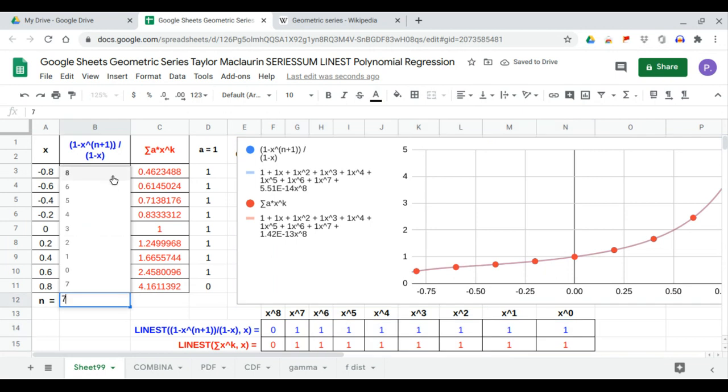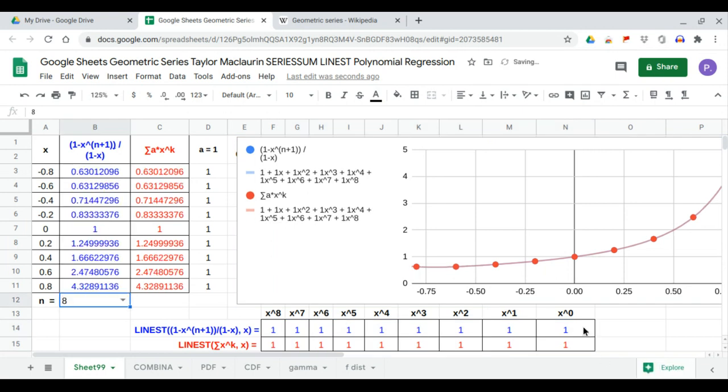And at n equals 8, the regression coefficients match the expansion coefficients, and our polynomial will be 1 plus x plus x squared plus x cubed plus x to the fourth, x to the fifth, x to the sixth, x to the seventh, and x to the eighth.